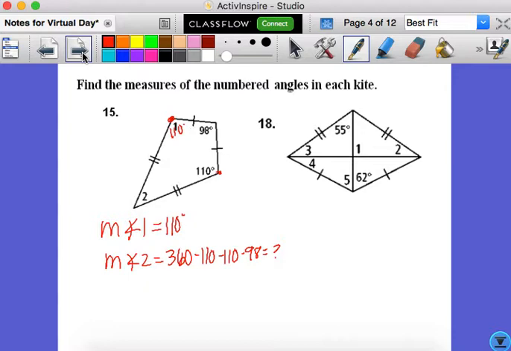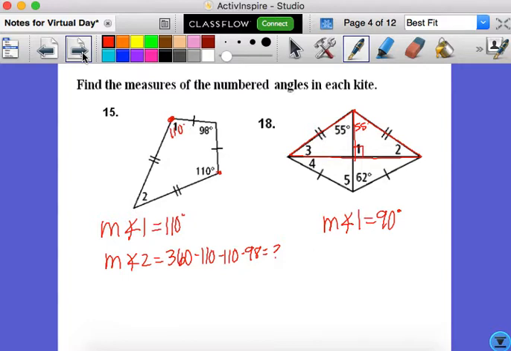So looking at number 18, we should know automatically that we've got a 90-degree angle right there in the center, because we know that these are always perpendicular to each other. So angle 1, without a doubt, here is 90 degrees. Beyond that, I want to look for my congruent triangles. So I've got 2 congruent triangles right here, which means this angle is also 55.